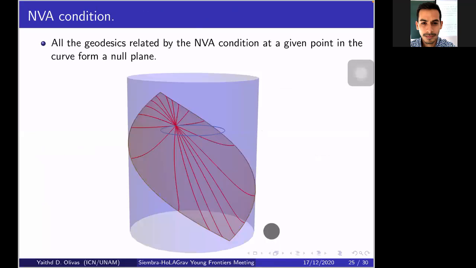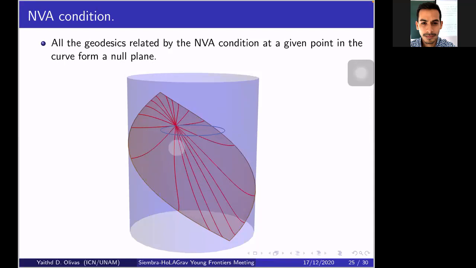To resolve this problem, we have to notice the following. In the case of AdS3, we have that all the null vector aligned geodesics with respect, for example, to this point, span a null plane, a new geometric object that is common to all these geodesics.